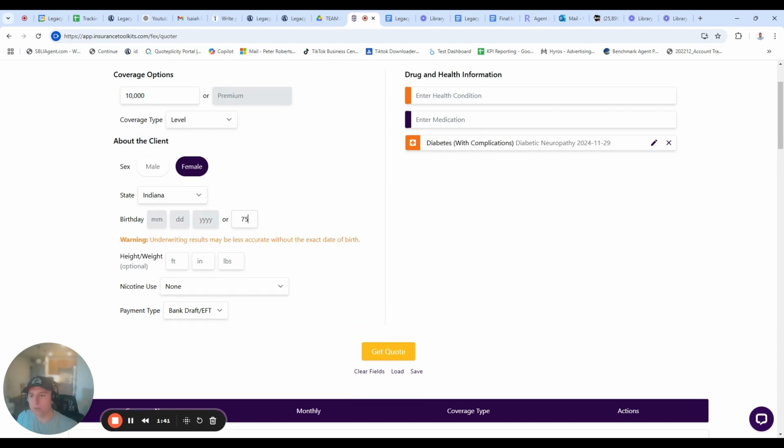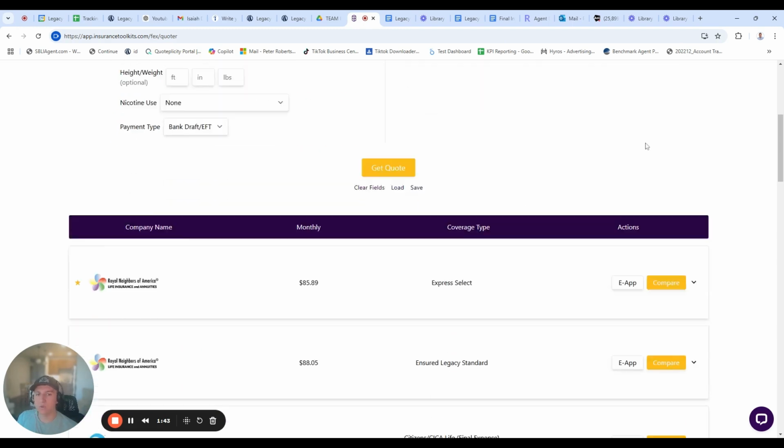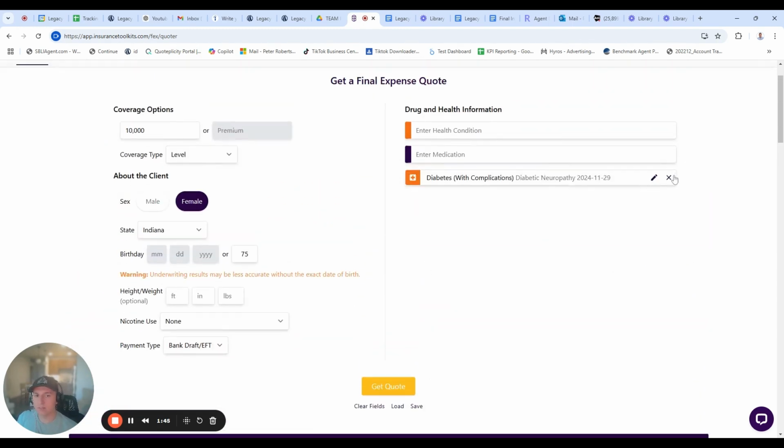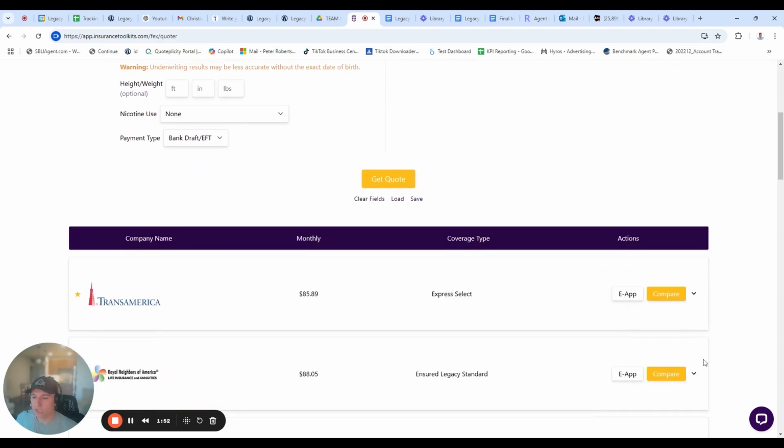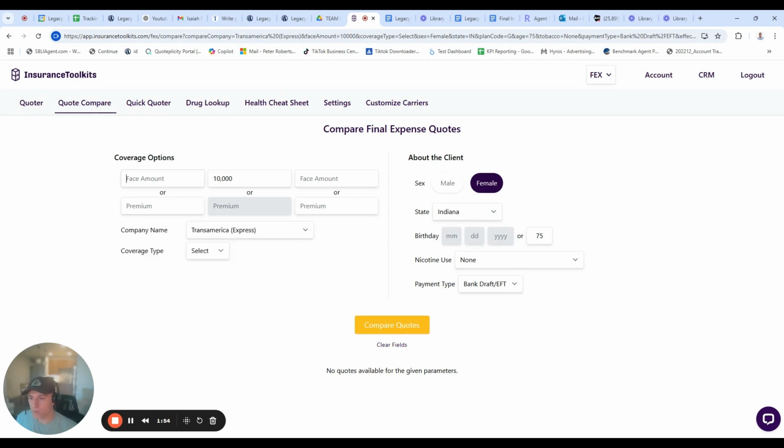So what you are trying to understand is what is their need? The goal here is to solve their problems. So if Miss Betty's 75 and we're in our toolkits and we're going to Transamerica, we're going to want to quote her a good $12,000 policy, probably a good $15,000 policy, and always the max policy, which we'll go into later.